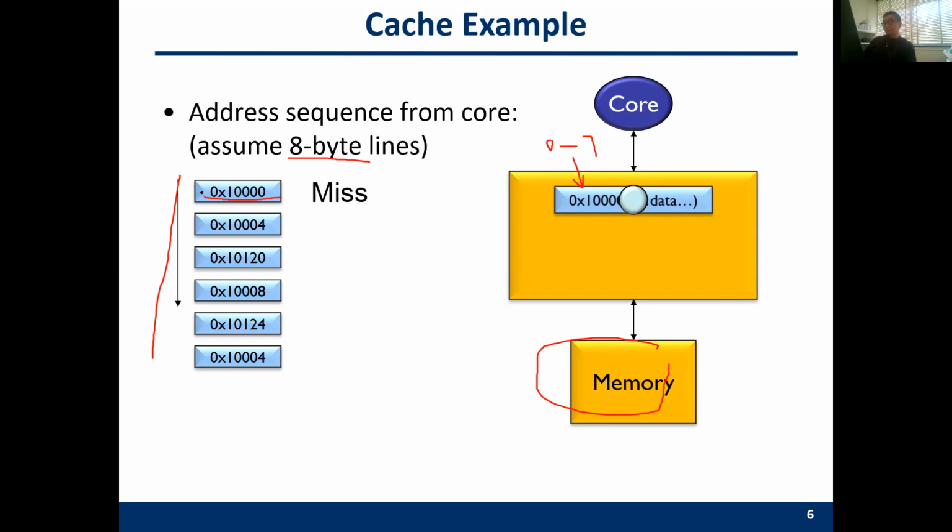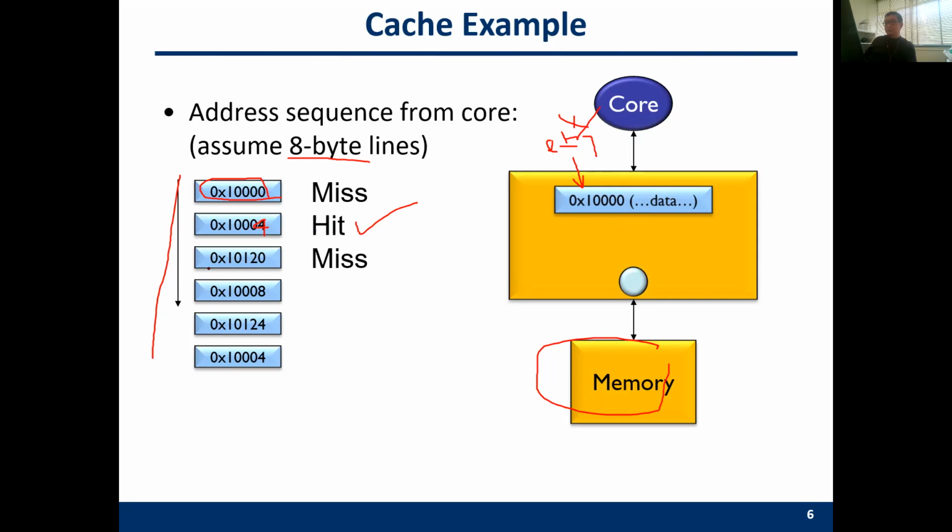But the first request only needs the first byte, which is a 0, right? And then the second request comes. It requires the number 4. Luckily, we have this 4 in this range. So we have a hit here.